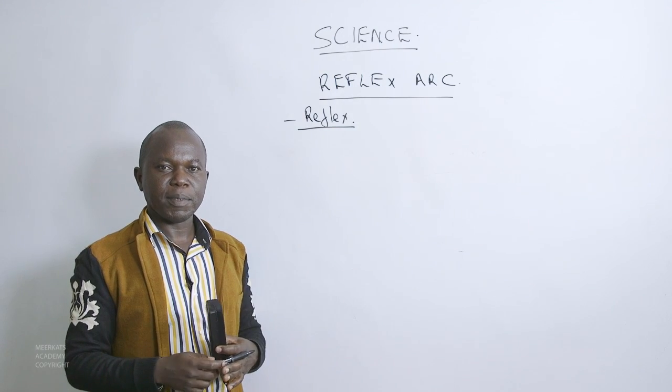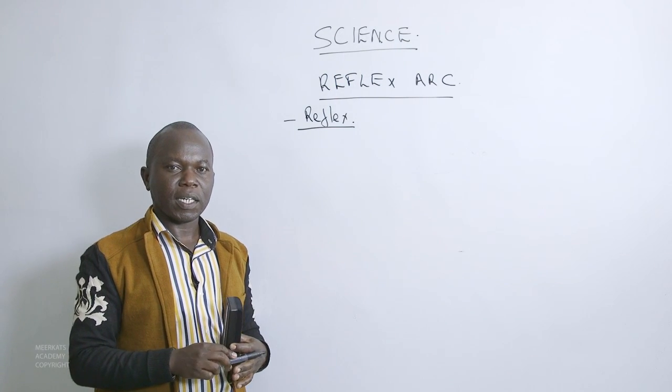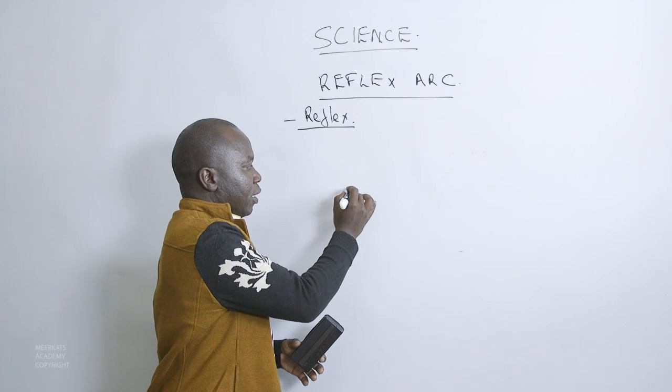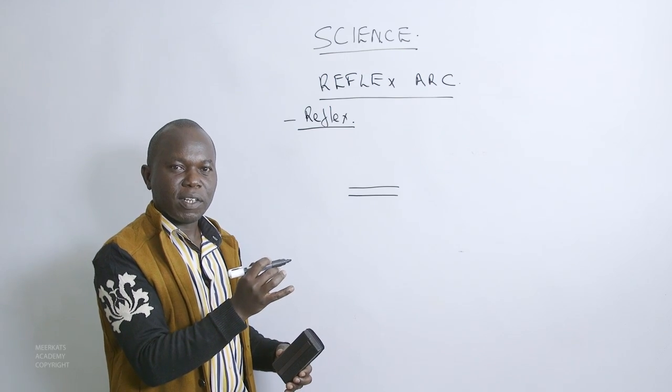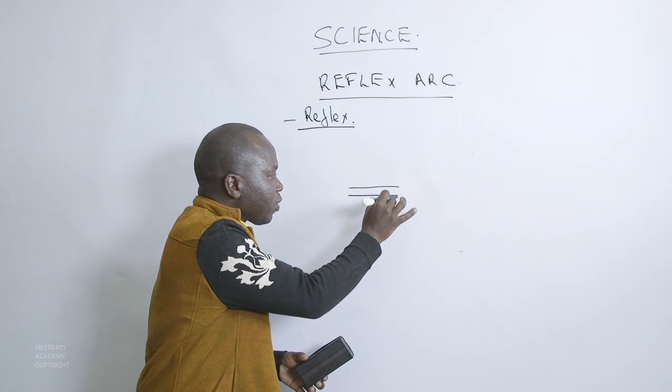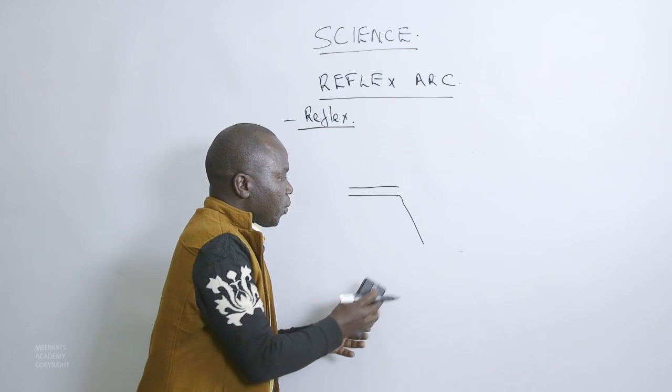If you have done an experiment of the knee jerk, you can do it at your own time. Unfortunately, I don't have someone closer to me, I could have demonstrated with you.